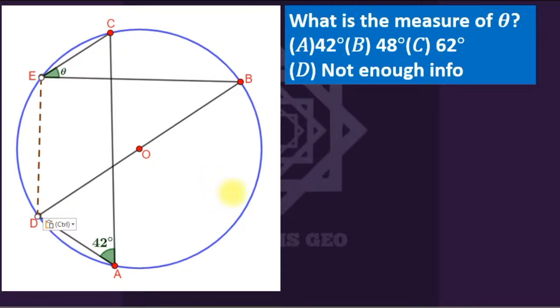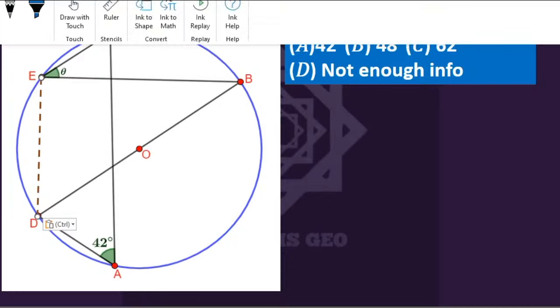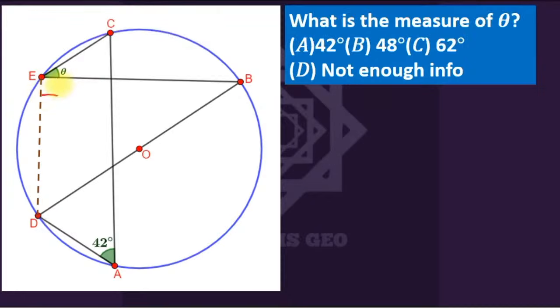So I've added that, and I have a triangle whose hypotenuse is the diameter. And for me to relate 42 degrees and this, if I add this and this, it will be 180 based on cyclic quadrilateral.